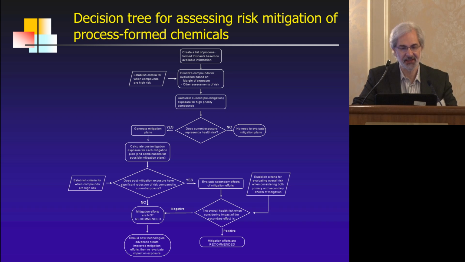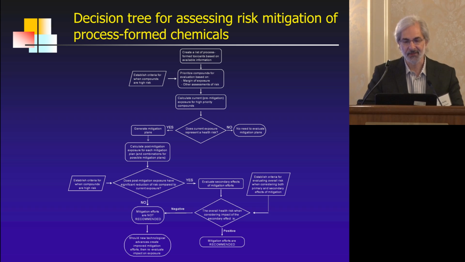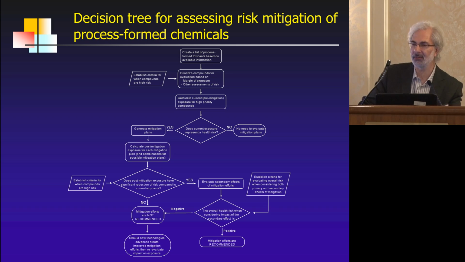One of the things that I think mode of action helps us do is to understand what is the margin of exposure that we would consider to be associated with low or negligible risk. And that would be true, in my view, not only for non-carcinogenic compounds, but for non-genotoxic or even carcinogens as well. So if we can understand the mode of action, it informs what is the margin of exposure we're trying to achieve, that we would consider to be a significant reduction in harm, or even a reduction to the point where there is no real concern at all.